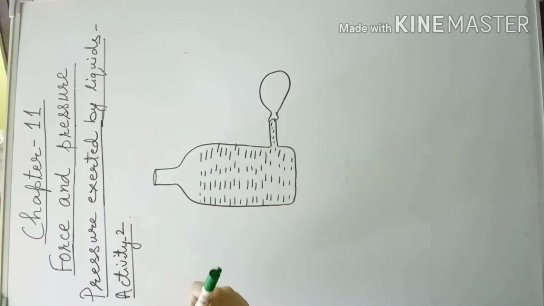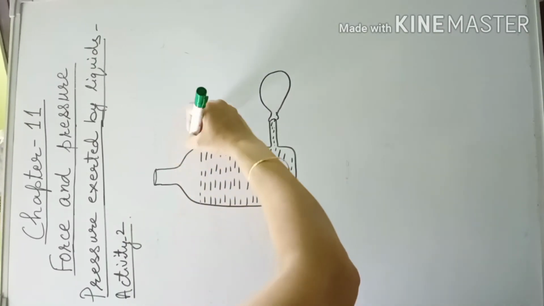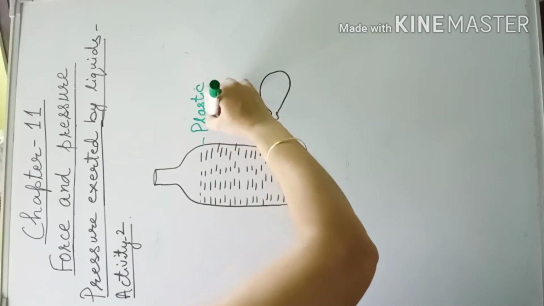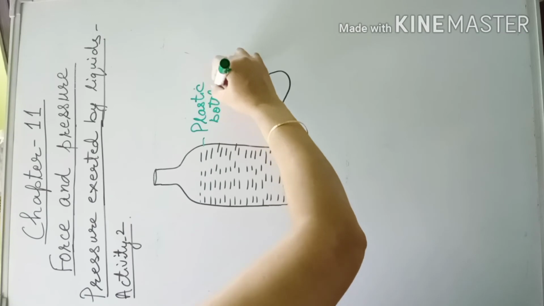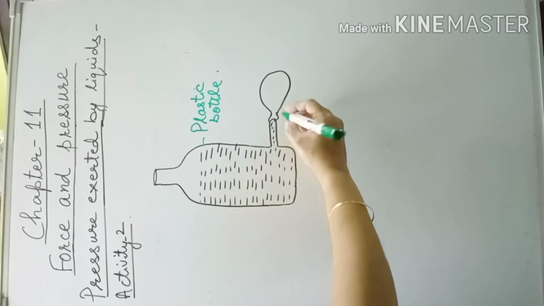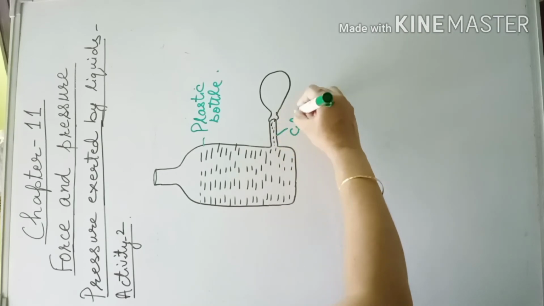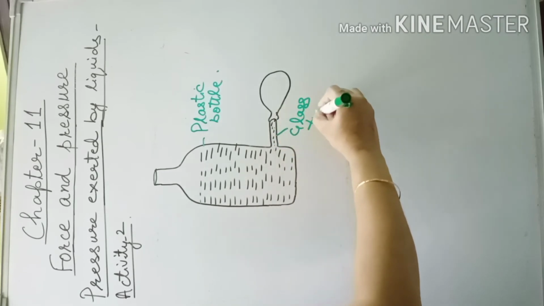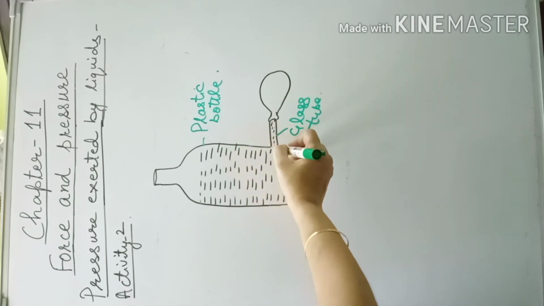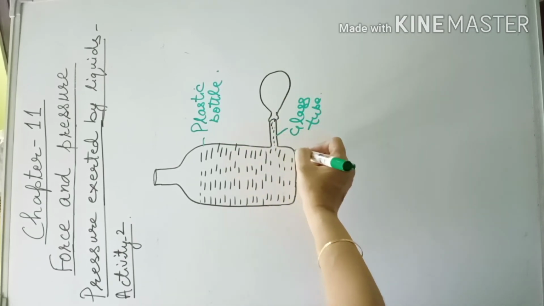So second activity is, take a plastic bottle. Now fix a cylindrical glass tube, a few centimeters long near its bottom.